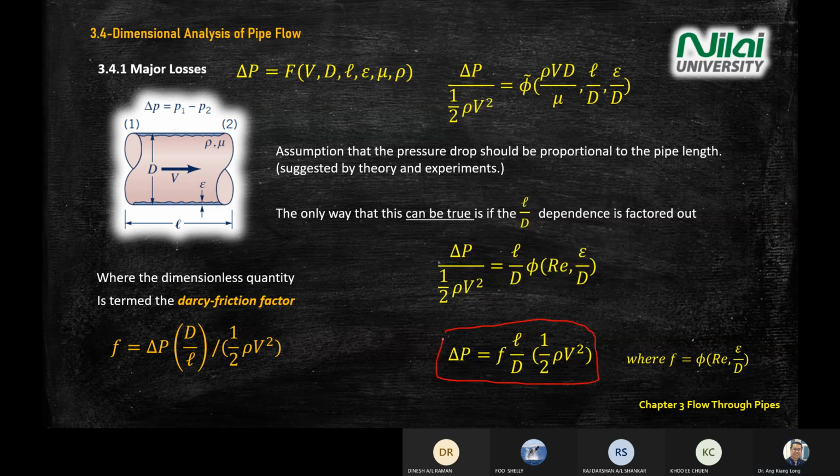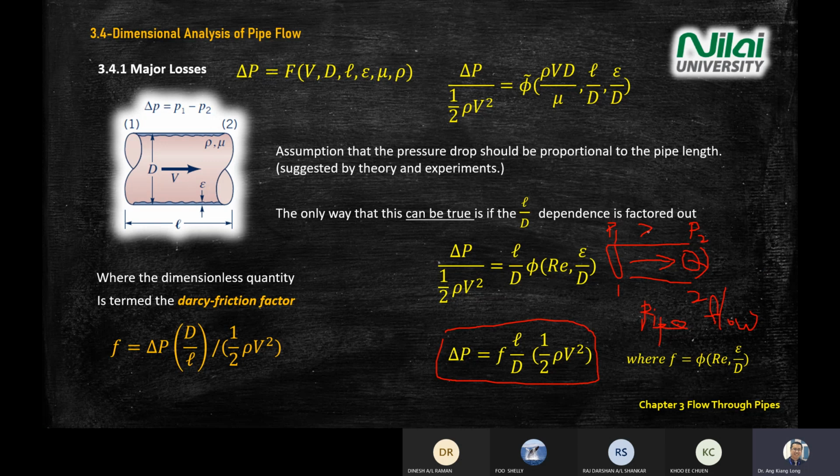Okay, this one. So delta P is the drop of pressure between 2 points. Let's say you have a pipe between 2 points. And again, try to differentiate pipe flow and channel flow. Open channel flow is different. Pipe flow between point 1 and point 2. If you want the fluid to flow, there must be a change of pressure. Point 1 must be higher than point 2, so that P1 is higher than P2 so that the volume flow rate can flow from point 1 to point 2.